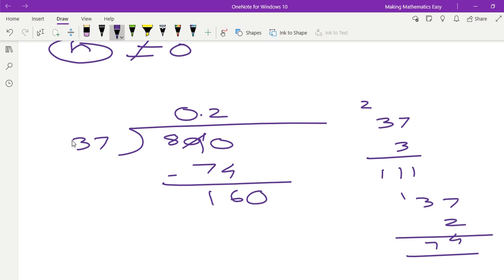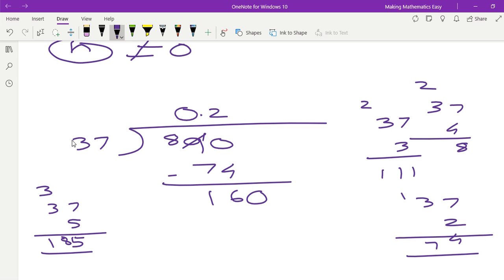Now we need to find 160, or a number less than 160, in the 37 table. Let's try 5: 7 5s are 35, 5 3s are 15, 16, 17, 18. This is 185, which is on a higher side. Let us check 4: 7 4s are 28, 4 3s are 12, 13, 14. Yes, so we can take 4.